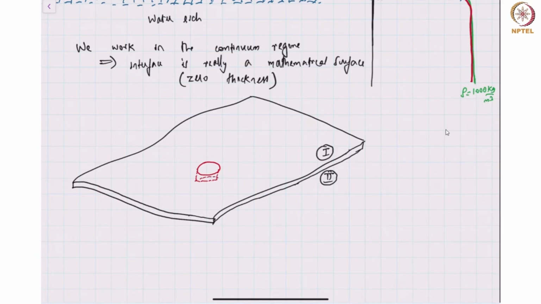This region has surface area S, and it's a small cylinder of length L. It's a tiny volume that extends all the way across the thickness of the interface. So here the thickness of the interface is L.